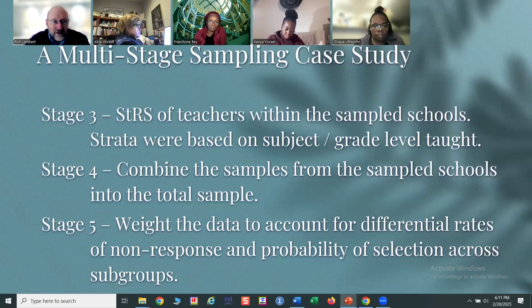Sounds like an odd thing, but it does end up resulting in estimates that you can trust as nationally representative. So again, we create these weights to account for the differences in rates of non-response across groups and to compensate for the different probability of selection across different subgroups because of all these other stages that we just talked about.